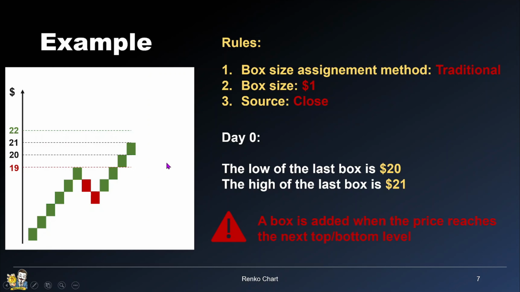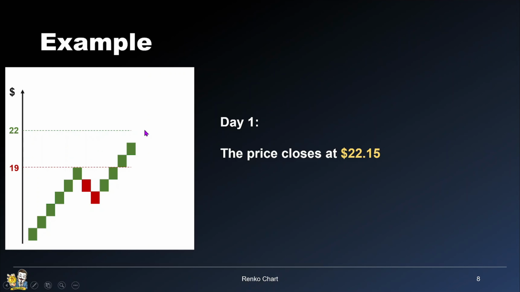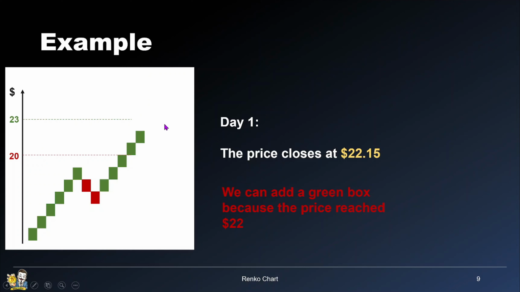To add a new box to the chart, the price must reach the next top or bottom level that I have displayed right here. So either level 19 to build a red box, or level 22 to build a green box. On day 1, we see that the price has reached $22.15, which means that it reached this level 22, and so we can build a new green box. We display it right here, and we modify the next levels to reach.